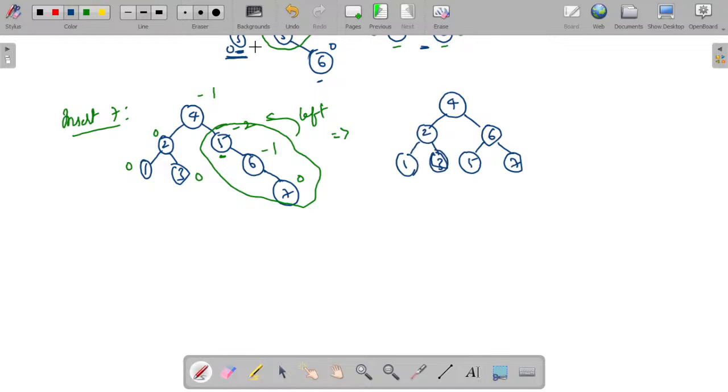So now the balance factors, I believe, are 0 for everything: 0 for leaf nodes, for this it is 1 minus 1, for this it is 1 minus 1, and for this it is 2 minus 2, which is 0. Okay, now the height of the tree is balanced and happy.